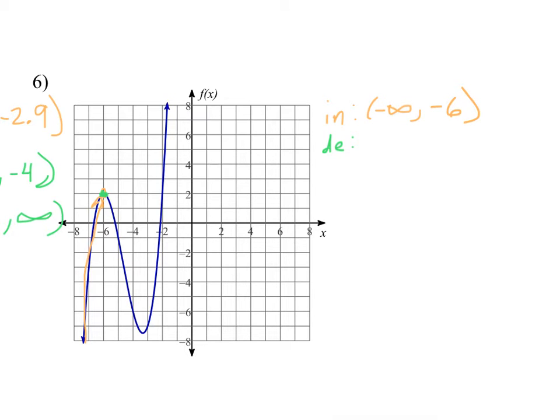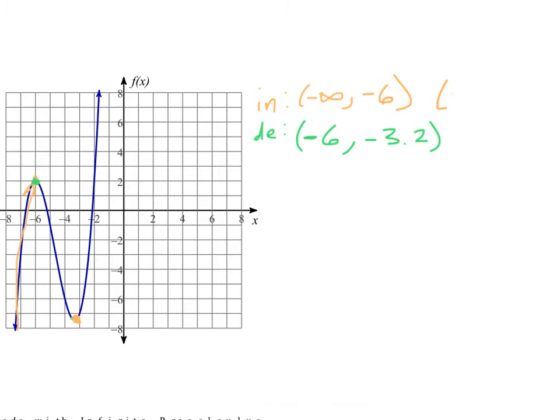Then it starts decreasing from negative 6 to when x is negative 3.2-ish. And then our graph ends up increasing from when x is negative 3.2 to infinity.